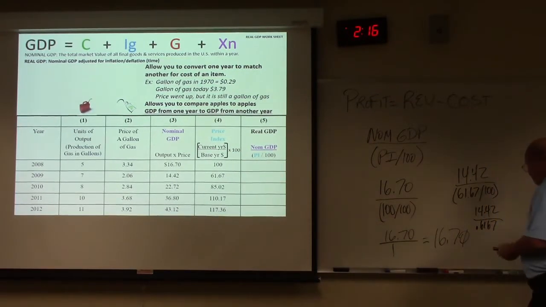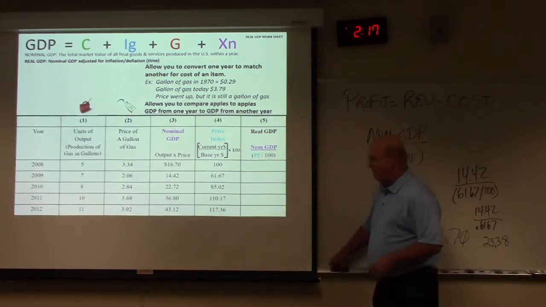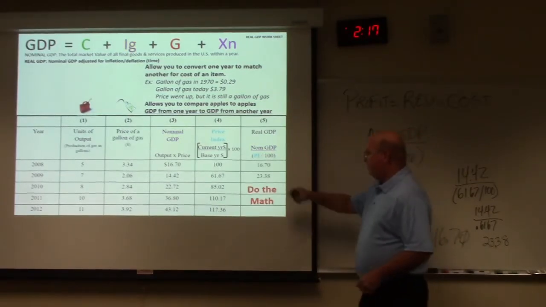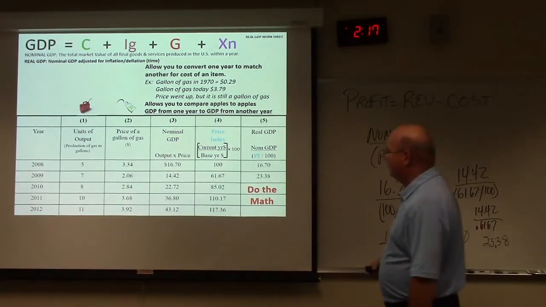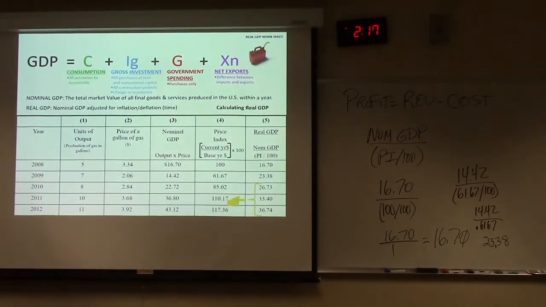And we do the math on that real quick. 1442 divided by 0.6167 equals 2338. Okay, and I'm going to hit this thing over here. If I did the math right, it should say the same thing. Yep, 2338. I'm doing good. And then if we do the math for the other three, it comes out 2663, 3340, 3674.